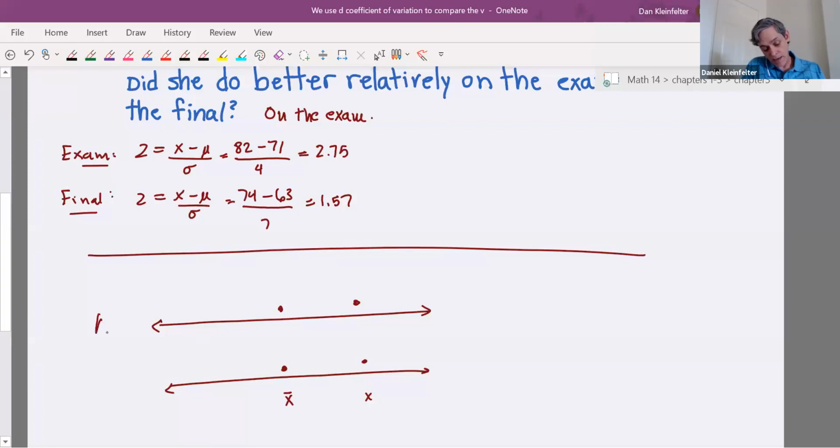But let's say we label our two data sets A and B. For the first data set, let's make it so that the other values are kind of all over like that. Okay, here's our X. Okay, there's one possible position, but then on the other hand, suppose that most of the data values were clustered around X bar, but X was further out compared to those.